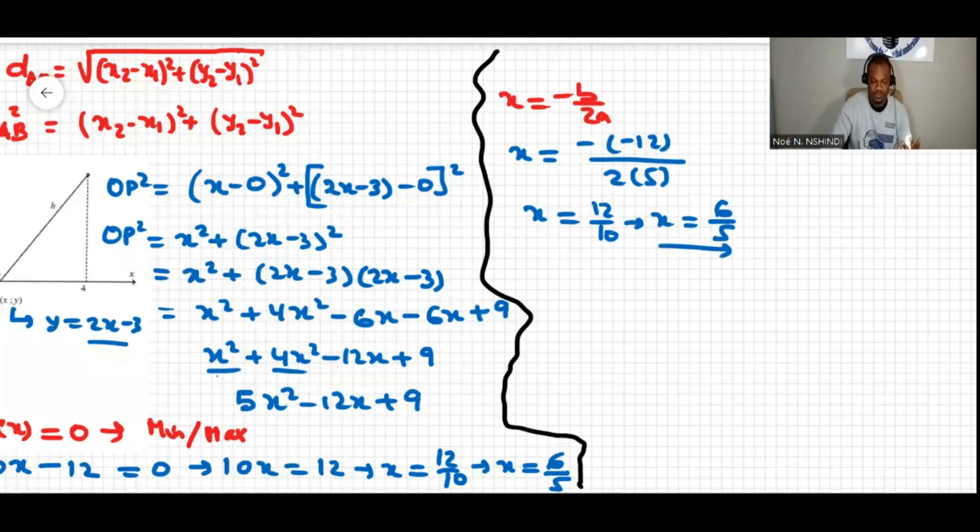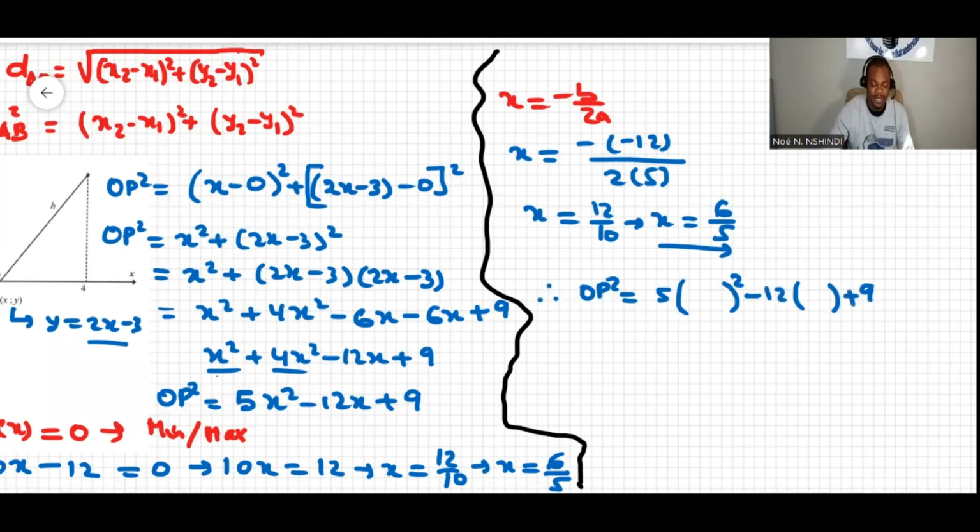To find the y coordinate, we can substitute in the formula. Because this is OP squared, OP squared will be equal to 5x squared minus 12x plus 9.